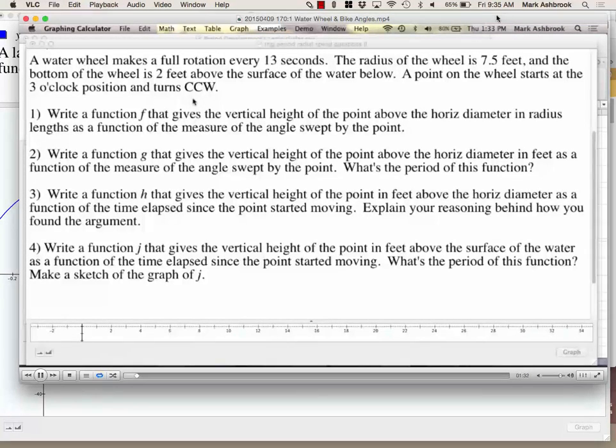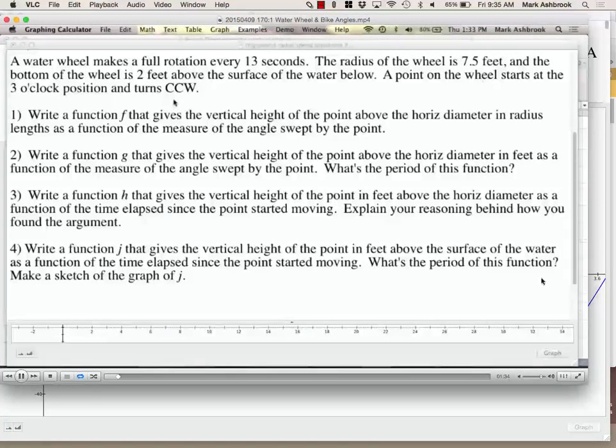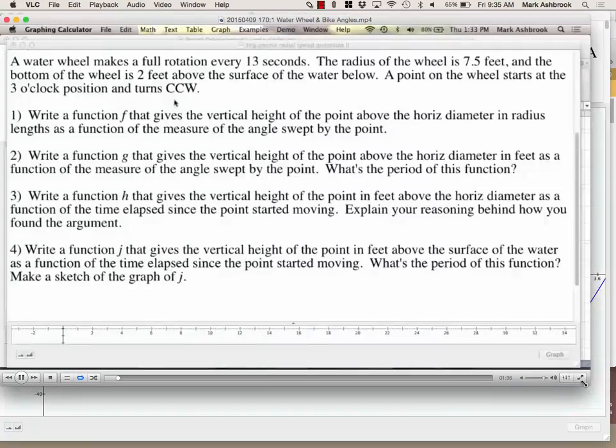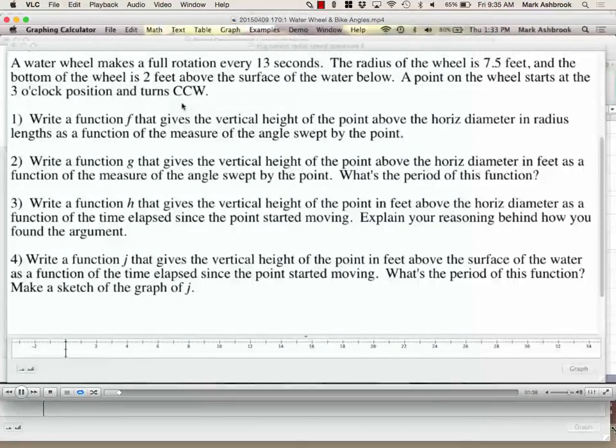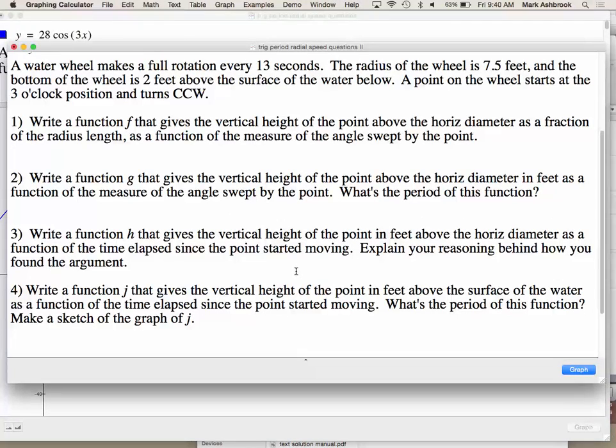Now I'm giving you some setup and I'm asking you to write some functions. A water wheel makes a rotation every 13 seconds. The radius of the wheel is 7.5 feet. The bottom of the wheel is 2 feet. Read carefully.